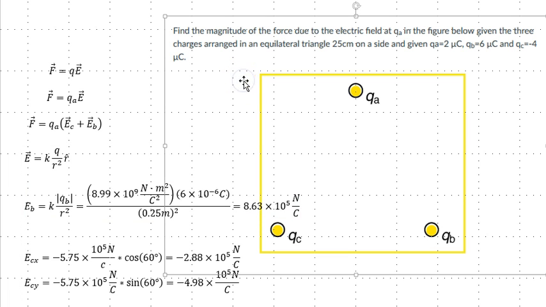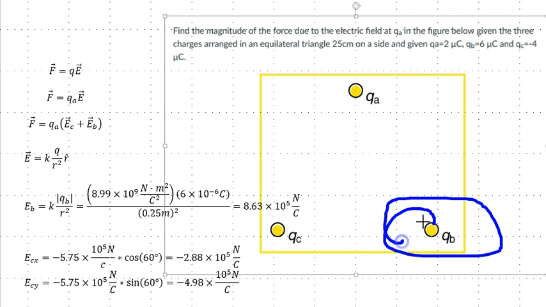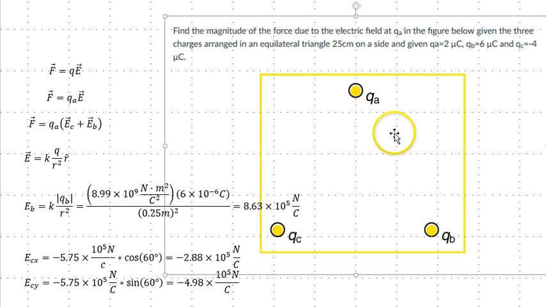Now, the difference here is that this is a positive charge, and the electric field points away from positive charges. Over here, this is a negative charge, and the electric field points towards it. So the electric field is pointing away from Q_B, which means it's pointing off this way.